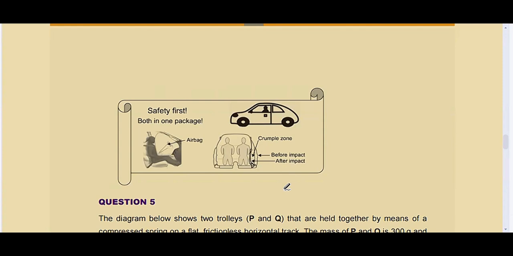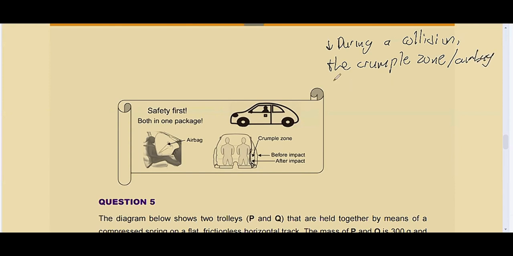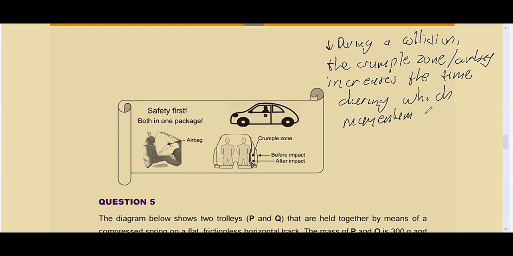So to explain that, we say during a collision, the crumple zone or the airbag increases the time during which momentum changes. Right.